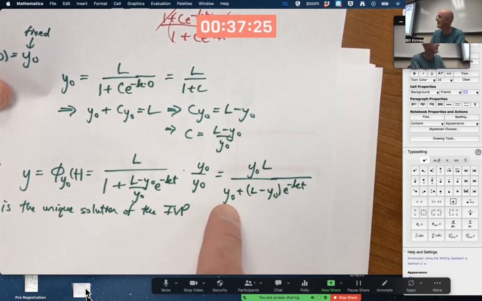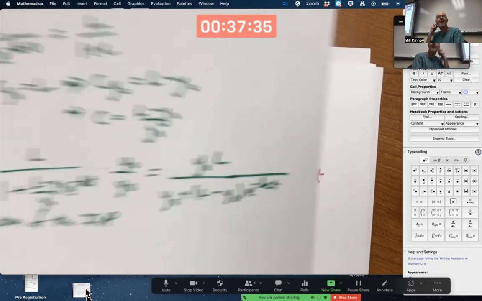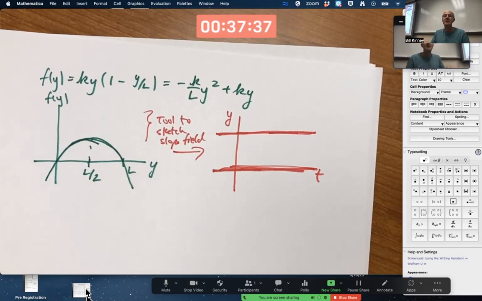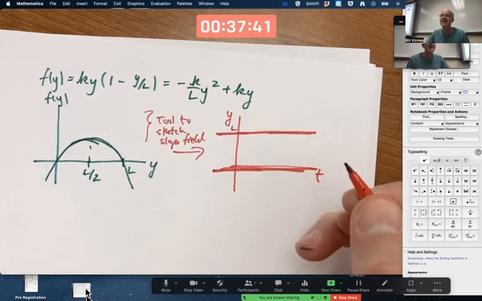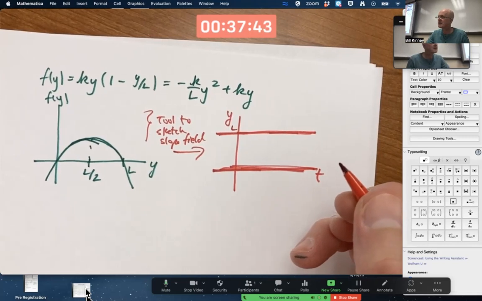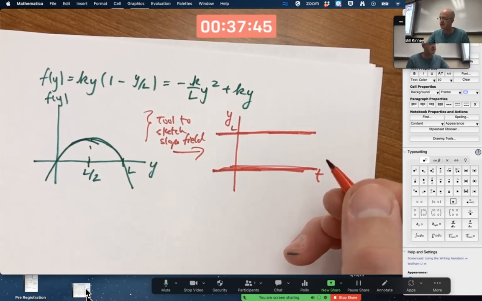L squared divided by L is always L, assuming L is positive. Not 0. You don't want a 0 carry. So, yeah, that constant function is an equilibrium solution as well.